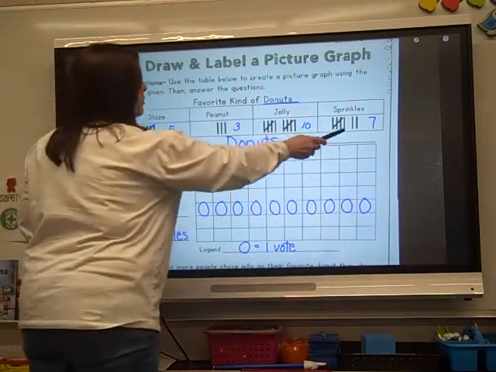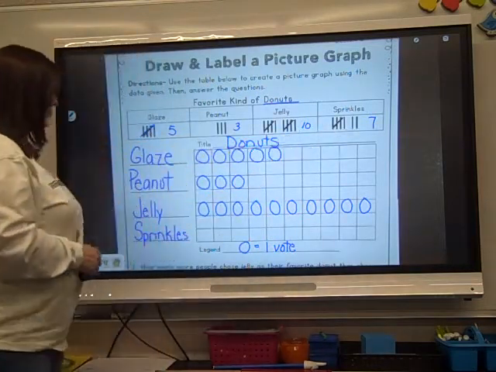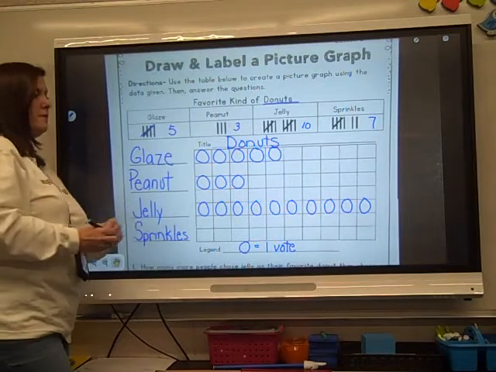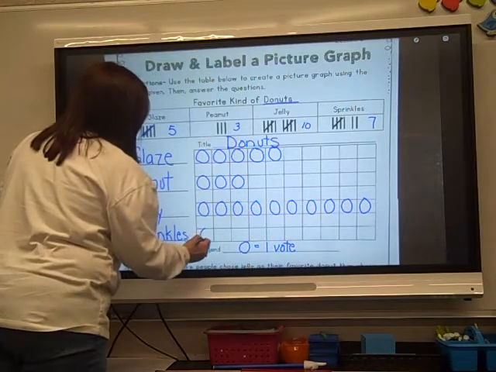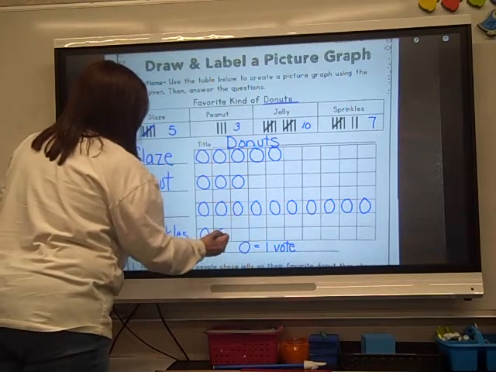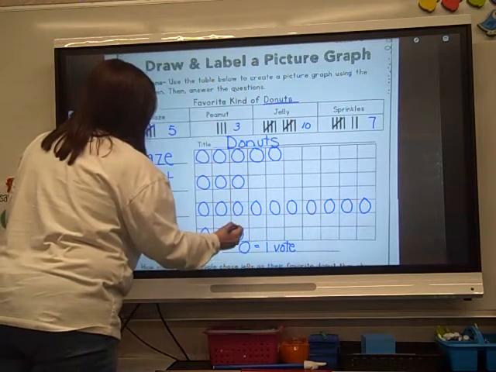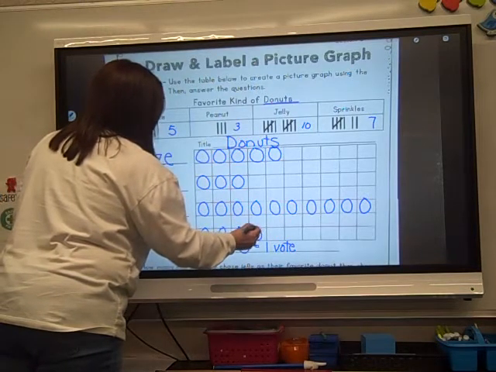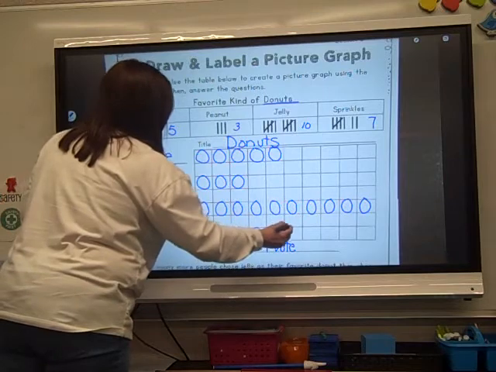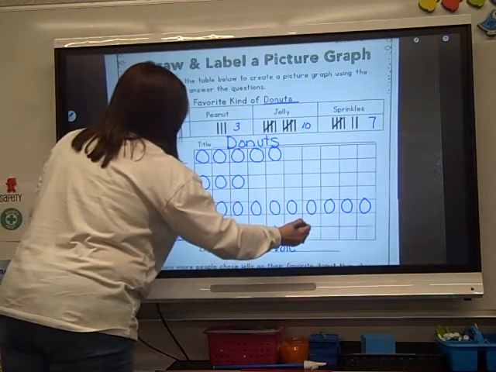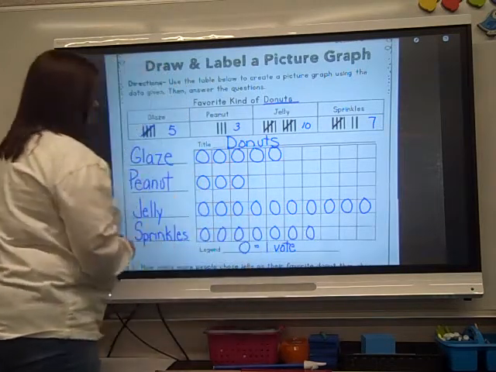Then we got to do our sprinkles. It got 7 votes. So we got to put 7 donuts. 1, 2, 3, 4, 5, 6, 7.